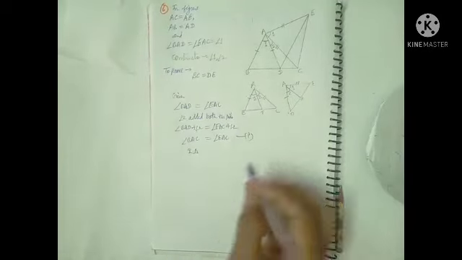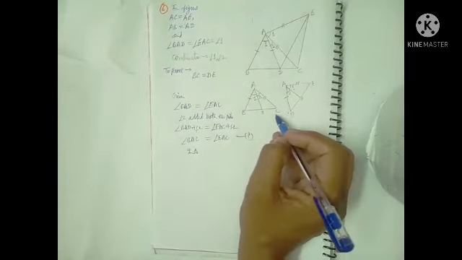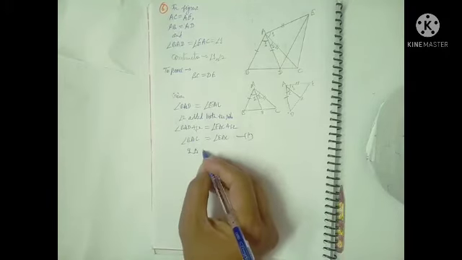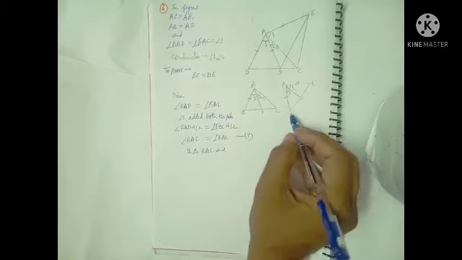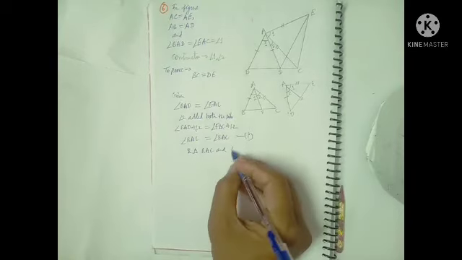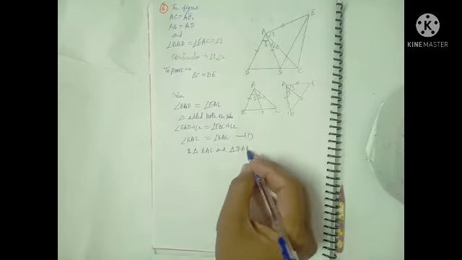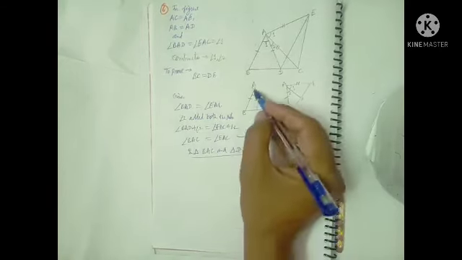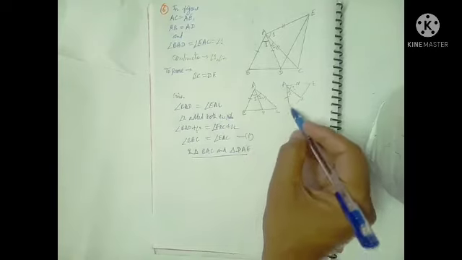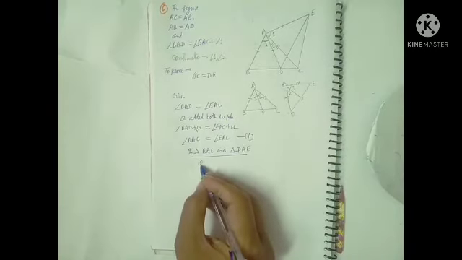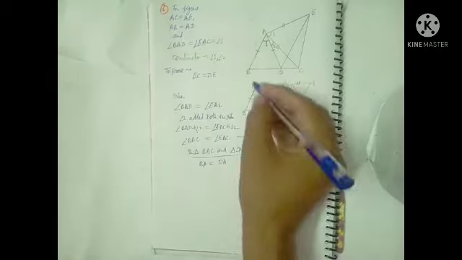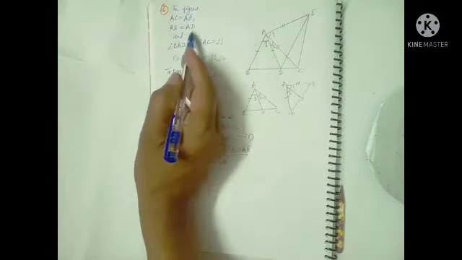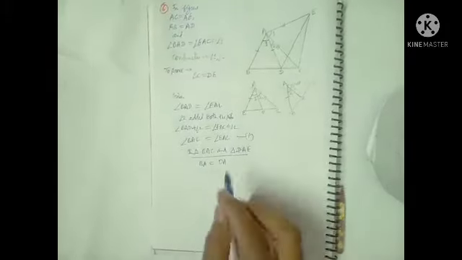Hereafter we can start. In triangle BAC and triangle DAE, take both the triangles. Now look, BA is equal to DA, it is given. BA is equal to DA means AB is equal to AD, it is given here, but we have taken BA equal to DA.